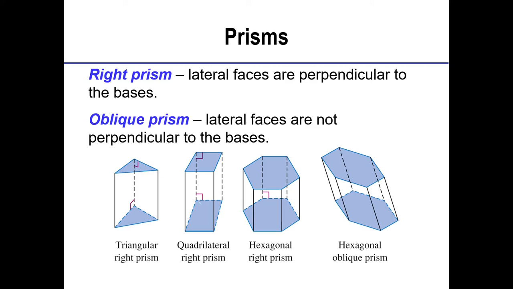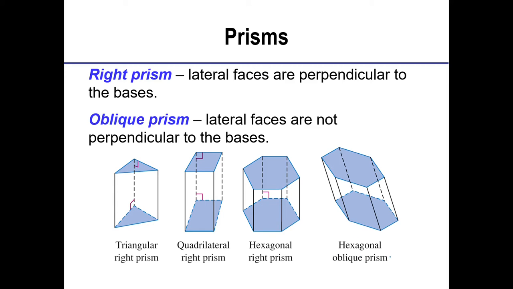Now, this is also called a rectangular right prism because these are essentially rectangles since they have 4 sides. A hexagonal right prism consists of 2 bases that are hexagons, and again they are perpendicular with the sides, and the hexagons are parallel with one another.